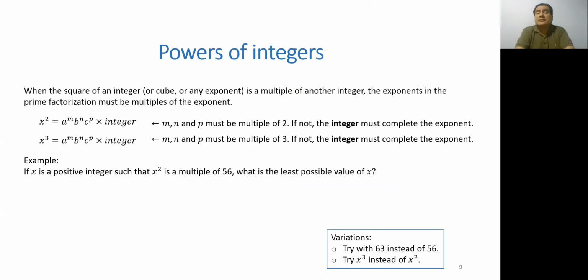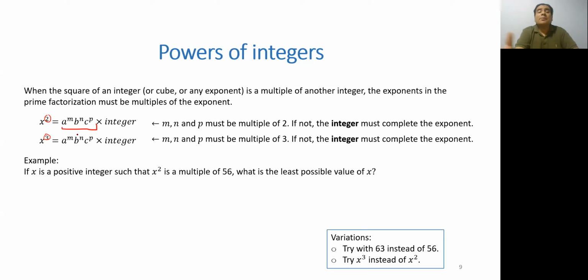Let's talk now about a certain problem that involves integers, especially when they tell you that the power of an integer, let it be the square or the cube of a certain integer, is divisible by some other integer. It is important that the exponents in the prime factorization of that divisor have to be multiples of the exponent here, right?